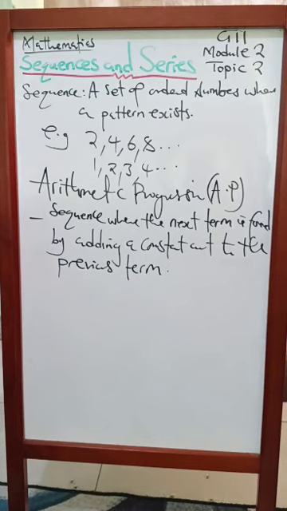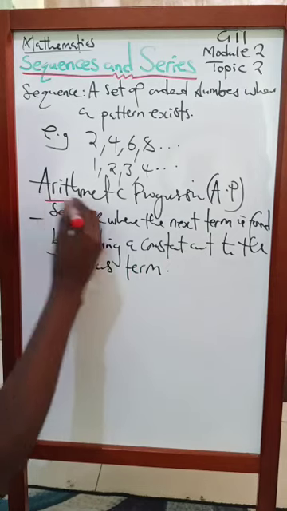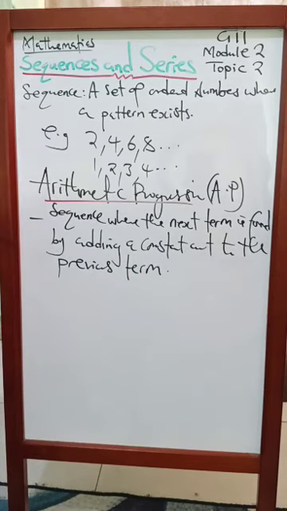So an arithmetic progression, or AP, is simply a sequence where the next term is formed by adding a constant amount to the previous term.